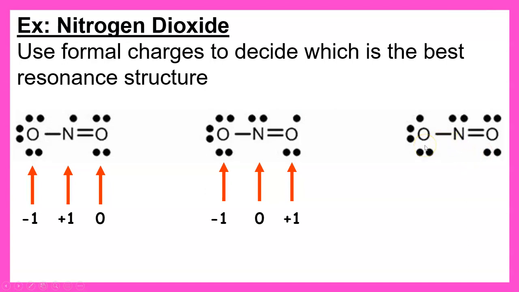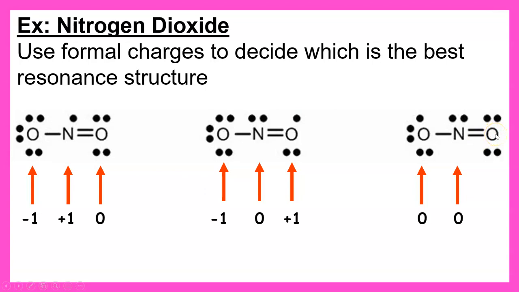Okay, now over here, this oxygen should have 6. 6 minus 2 minus 2 minus 1 minus 1 gets me 0. Nitrogen should have 5. 5 minus 2 minus 1 minus 2 gets me 0.